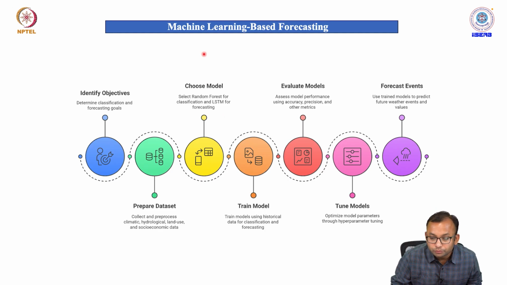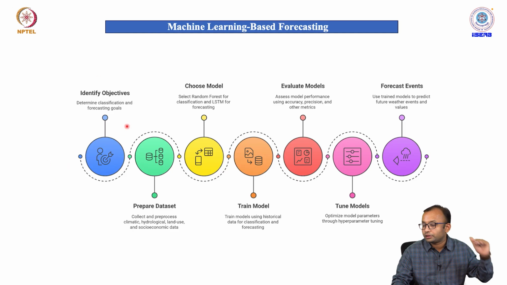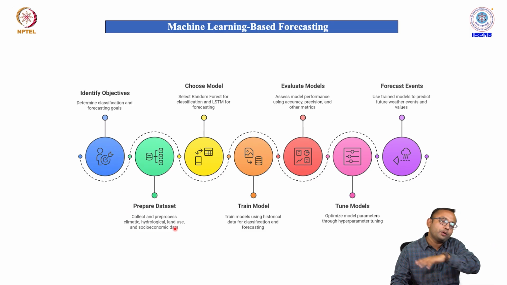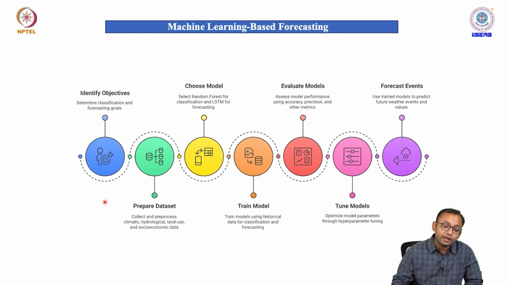Let us say you are planning to do some sort of machine learning based forecasting. You have to identify the objective and classify your goals. You have to prepare the data set. There is a target variable and there are input variables. Input variables can be many: climatic variables, hydrological variables, land use variables, geological variables, socio-economic data sets and so on. You use these as input variables to model the target variable and calculate its behavior.